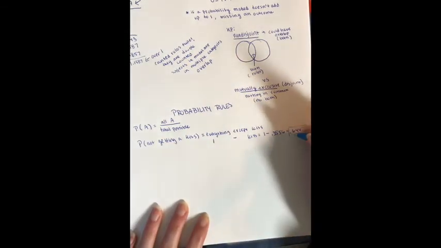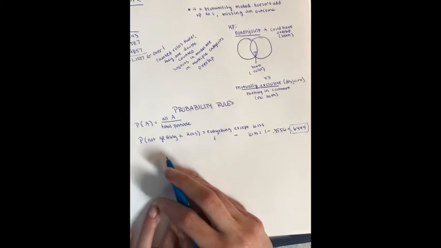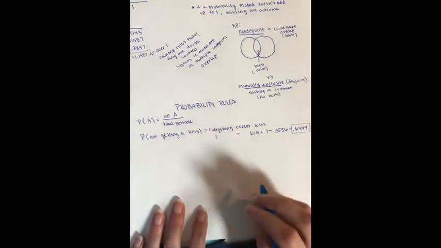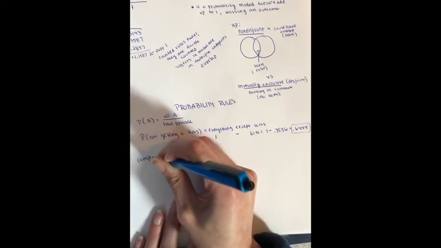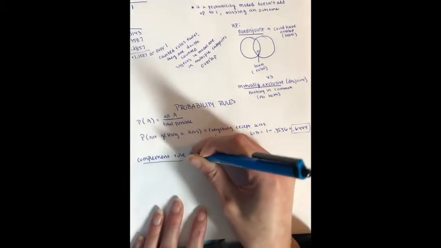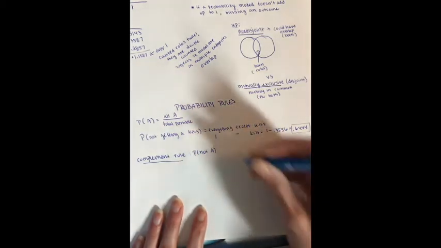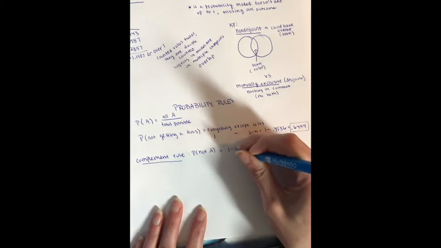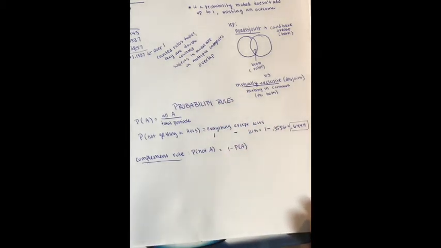Okay, and so not A is called the complement. So our first probability rule is called the complement rule, which is P of not A, and we find that just by saying 1 minus P of A. Okay, that's the complement rule.